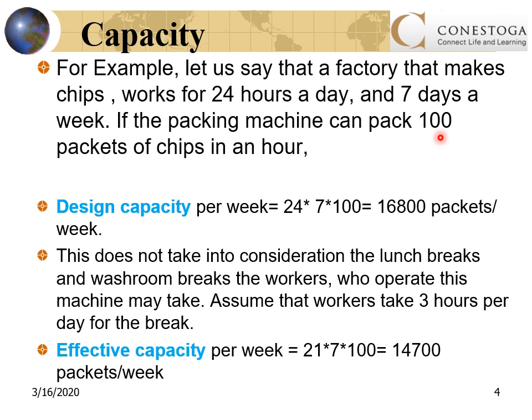So in a week, the total hours is 24 hours in a day and 7 days in a week. So 24 multiplied by 7. If I multiply it by 100, I get the design capacity of this particular machine in a week. So when I calculate it, it comes to 16800 packets per week.